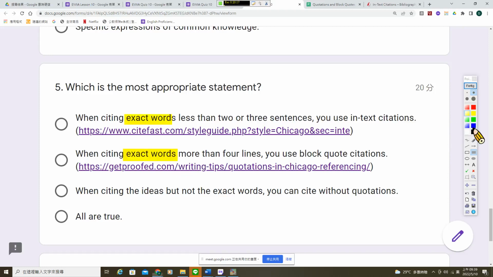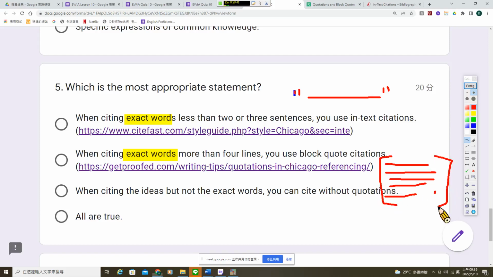So we need to use quotation marks to include the passage you want to cite, or we need to use block quotation and put a number by the end of the block quotation to indicate this part of the citation is directly from the exact words of the original source.